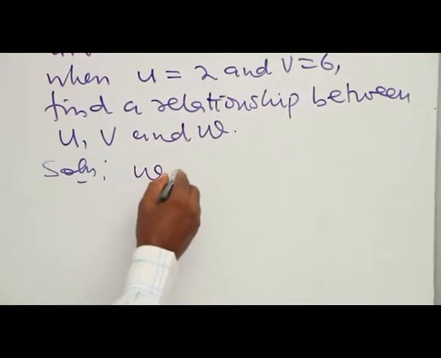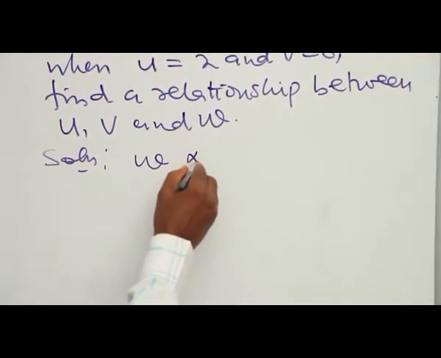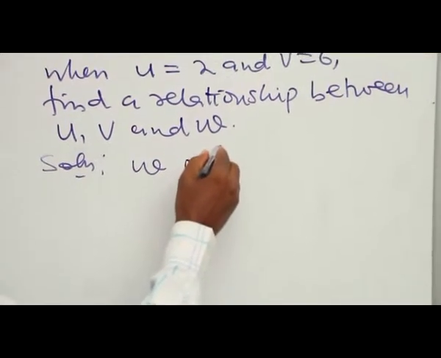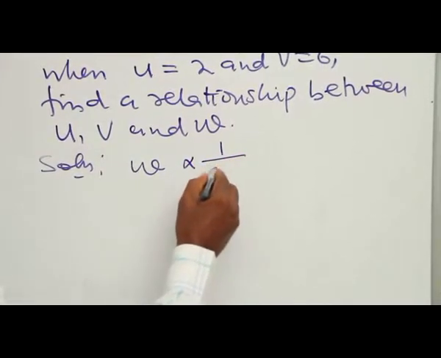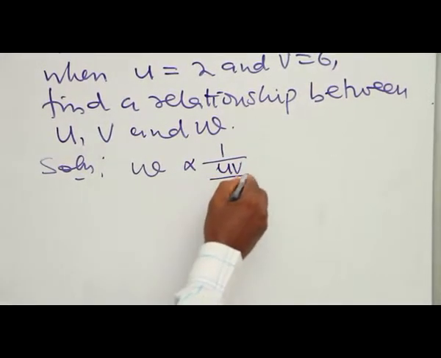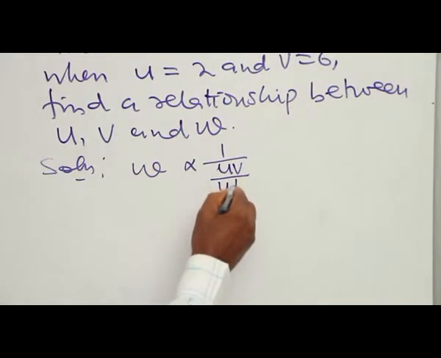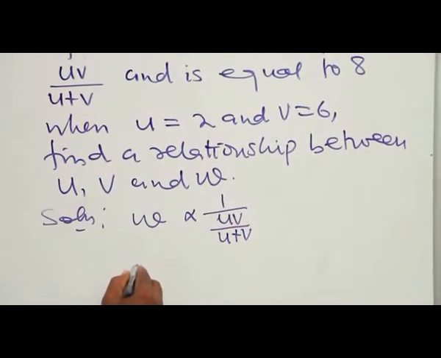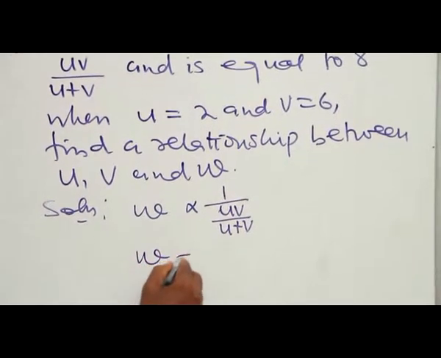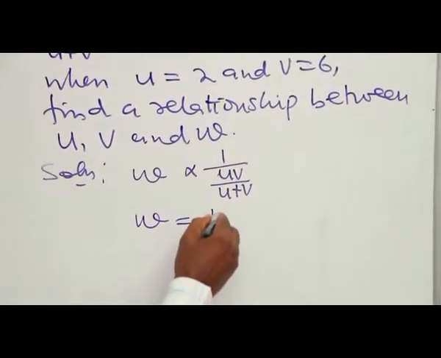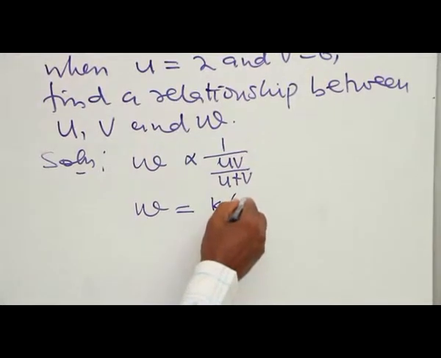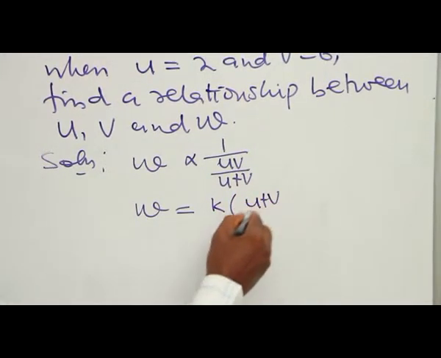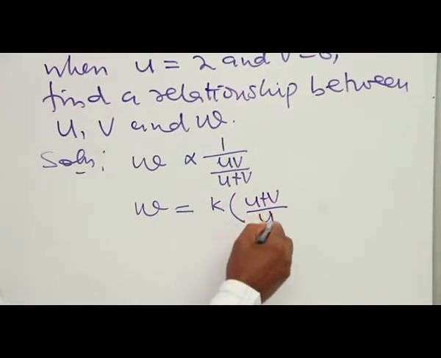W varies inversely as ub all over u plus b. In other words, our w will be equal to k times u plus b all over ub.